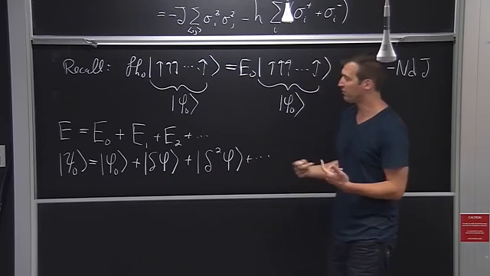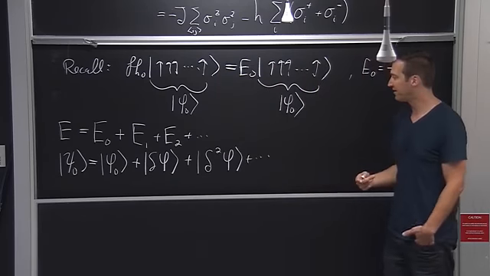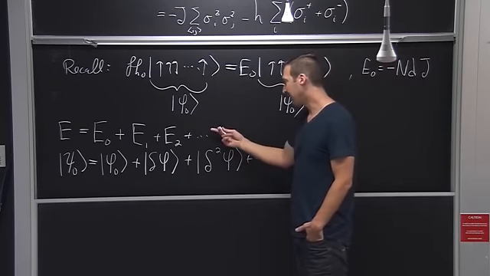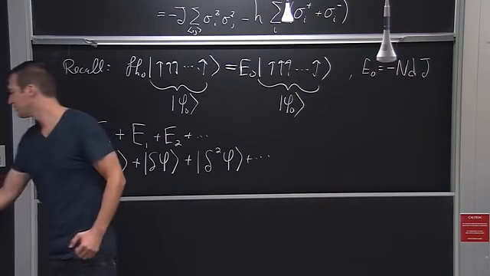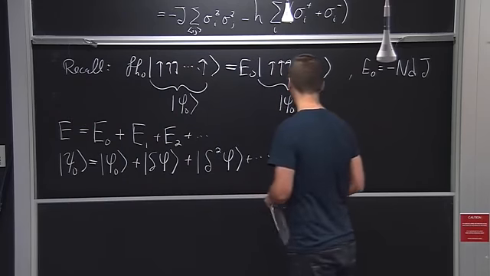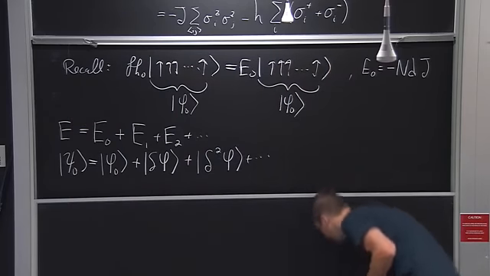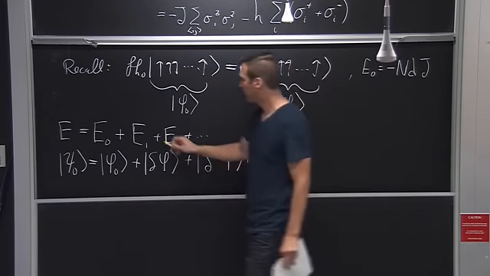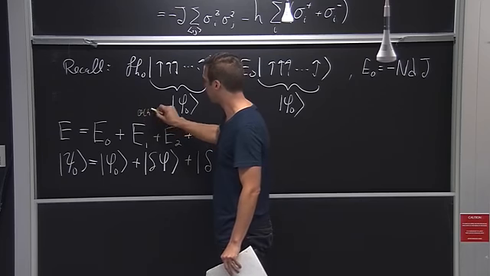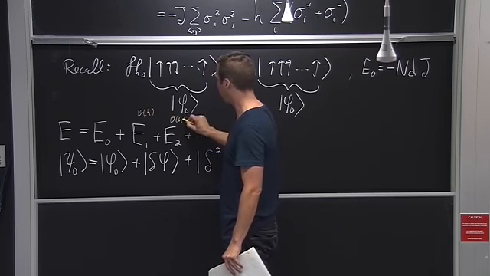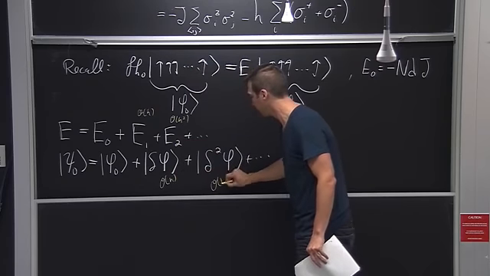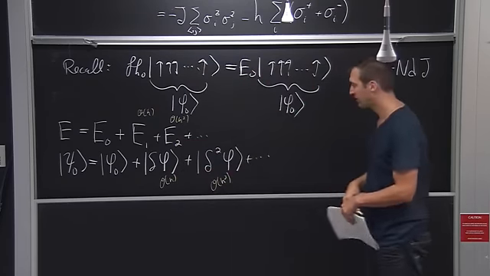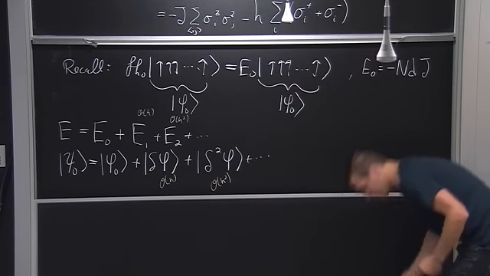And in perturbation theory, what you do is you equate right-hand side and left-hand side up to specific orders. So this is order h, this is order h squared, and so on. You build up your perturbation theory like that.